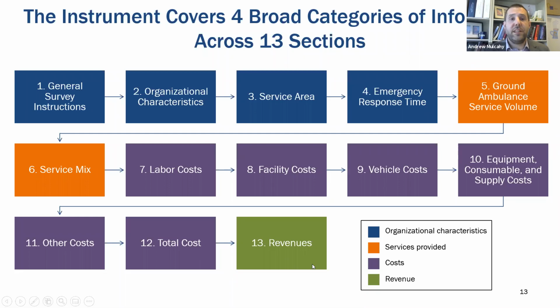And ditto for section 13 in revenue. There are actually some questions in sections 12 and 13 asking just broad brush for your organization's total costs and revenue. That's a good way to think about whether you captured everything that you should have included in reporting. If the numbers are way off, too high or too low, that's a sign that something might be up and you might need to go back and double check some things.